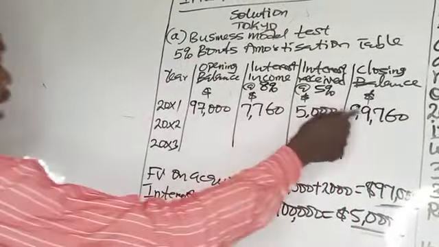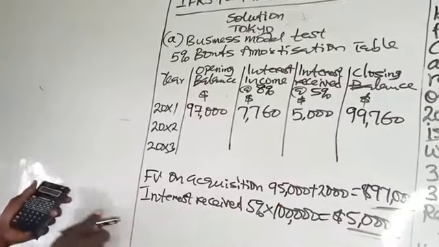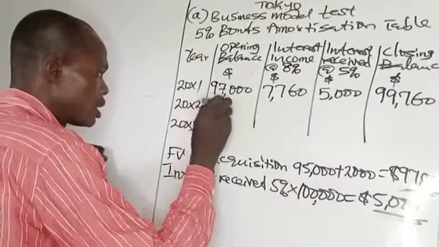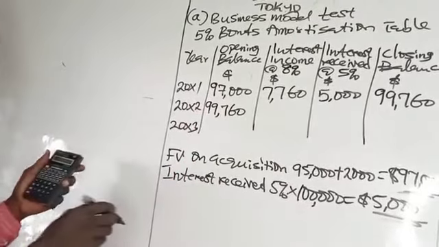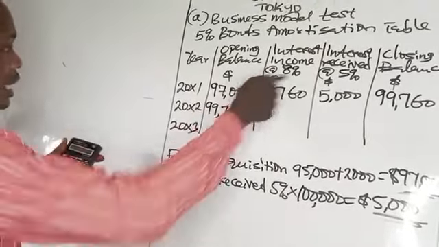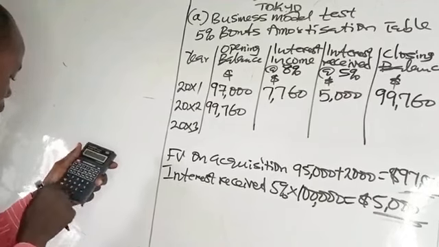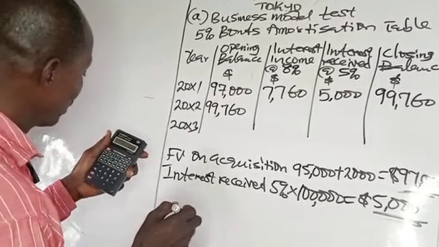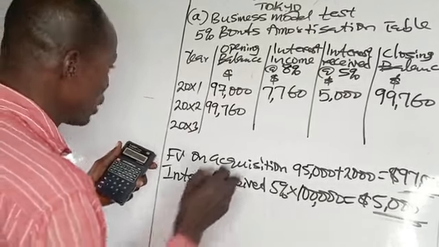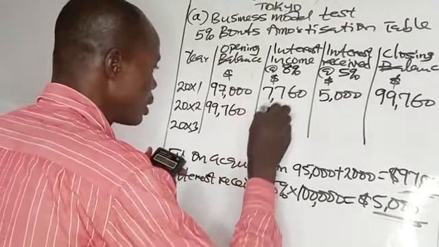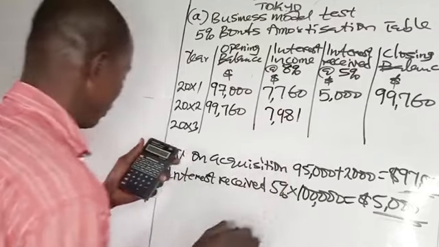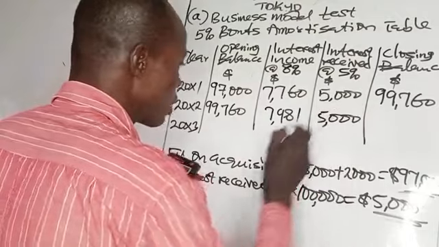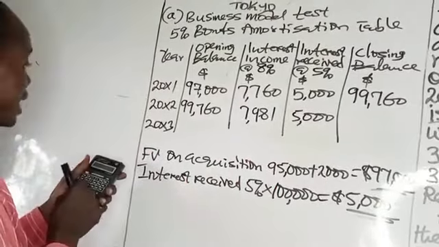This is the closing balance in 20x1, and that will become the opening balance in 20x2. 99,760 is the opening balance, then 8% of that gives us 7,981. Then interest received remains 5,000.